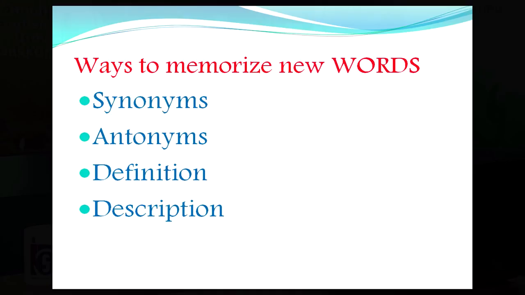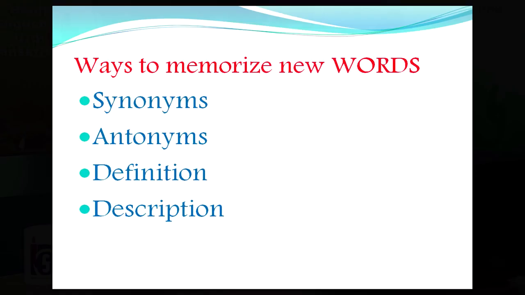Antonyms. Antonyms means opposites. So, when you learn a word, try to keep in mind the opposite. Then definition. This is a very scientific way of memorizing new words. So, when you know the definition, you are very clear about the meaning of that word, the form of that word, and you use it confidently.